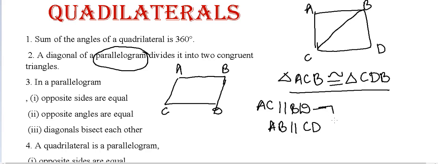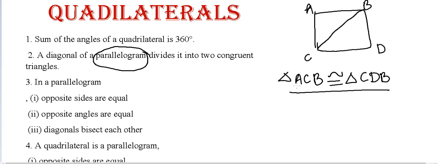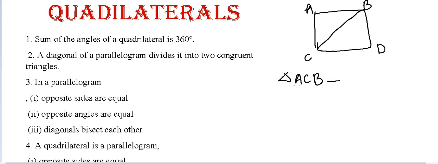Opposite sides are parallel in a parallelogram. So this is a parallelogram. Now here comes the property of a parallelogram, that if we draw a diagonal, it divides the parallelogram into two congruent triangles.